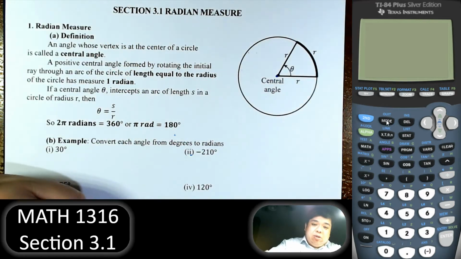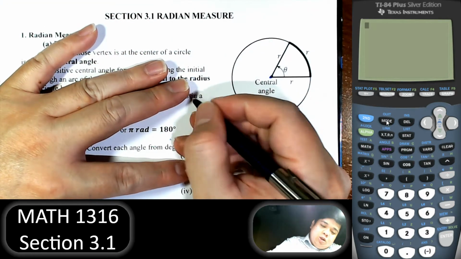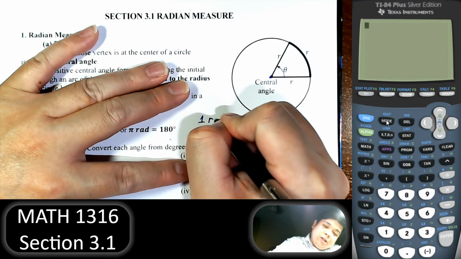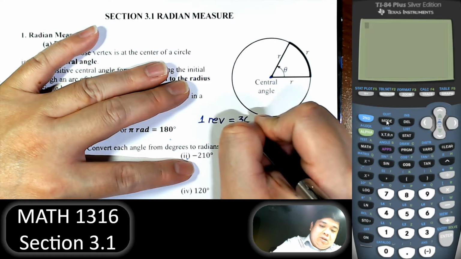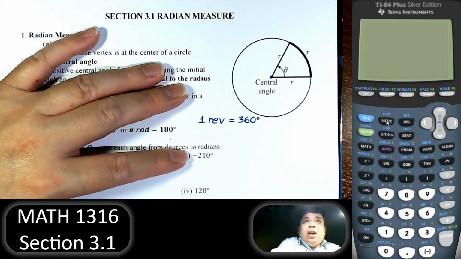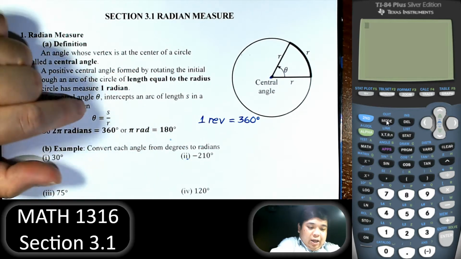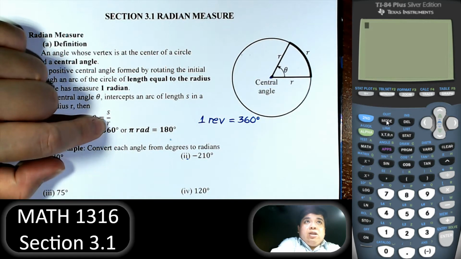Think about this. If we rotate the whole circle, so we have 1 revolution, obviously it's 360 degrees. Now, the angle is equal to the arc length divided by the radius.